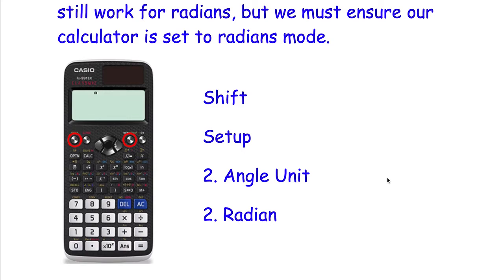My calculator is now set up to work in radians. So if I wanted to find out the area of a triangle, but I was given the angle between the two sides in radians, say I was given that it was pi over 6 radians, then I would just use pi over 6. I wouldn't convert that to how many degrees it was and work it out in degrees. I would keep it in radians.